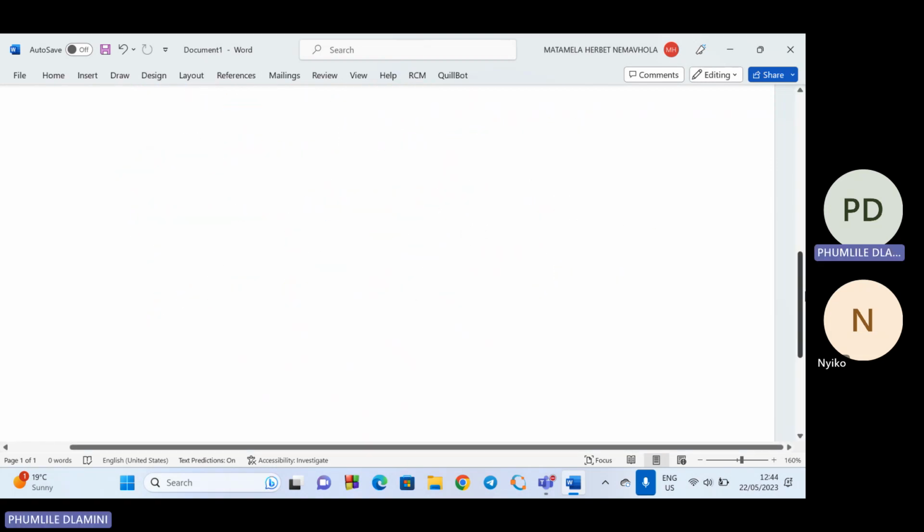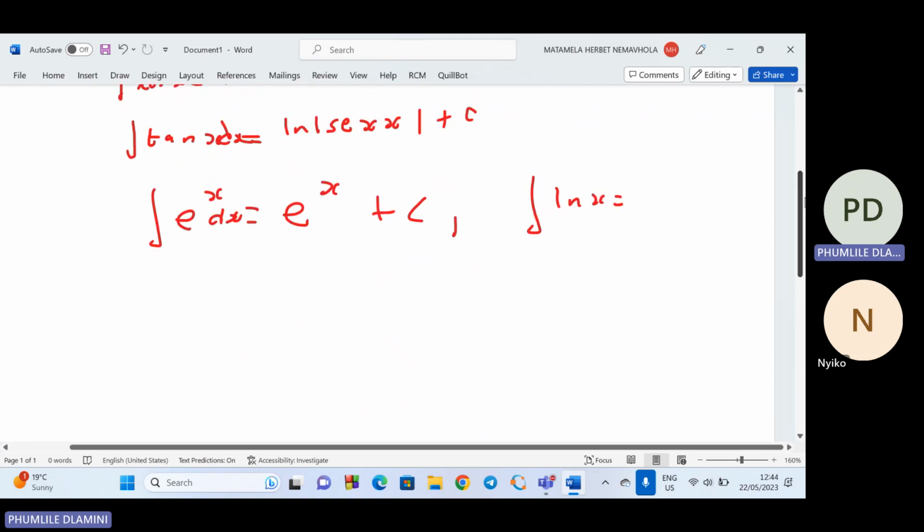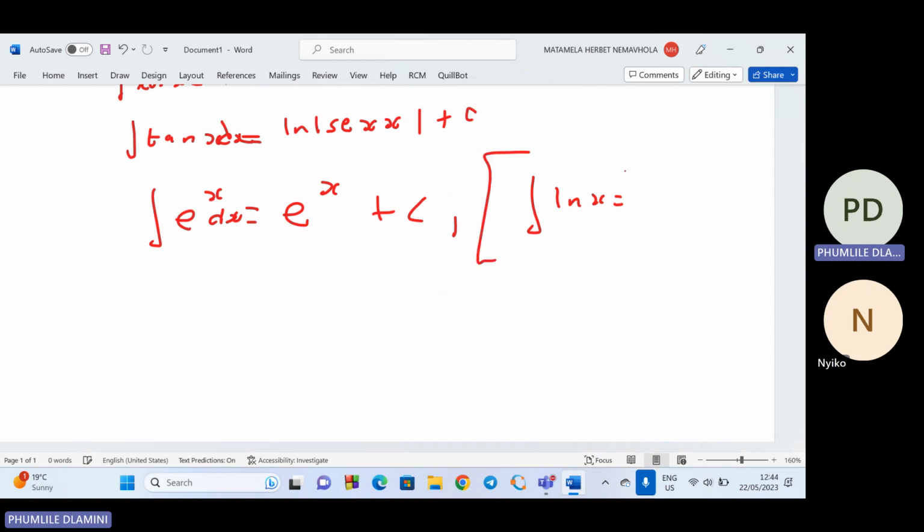The integral of ln x becomes different when we integrate it, because this is a logarithm. What was that formula?